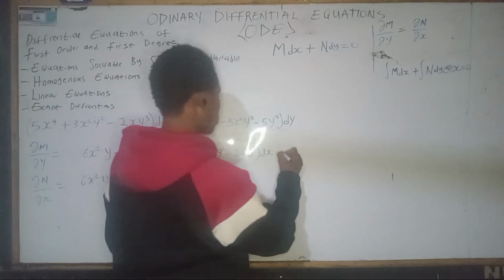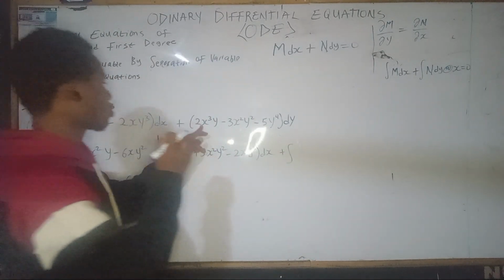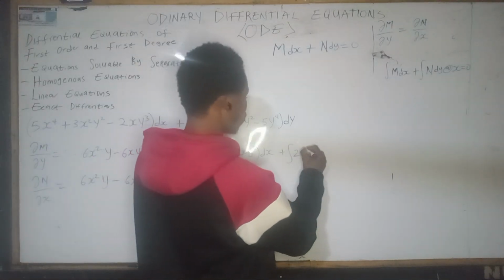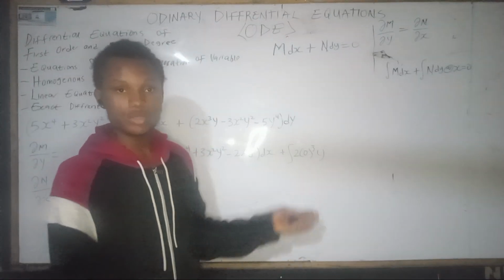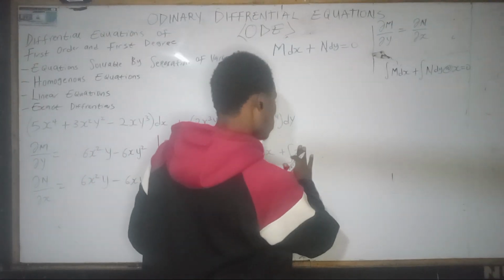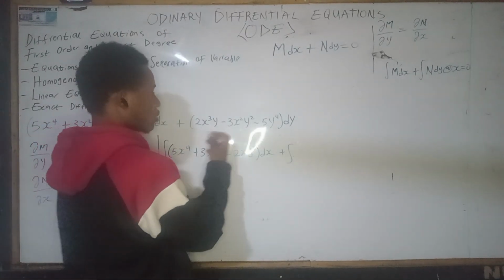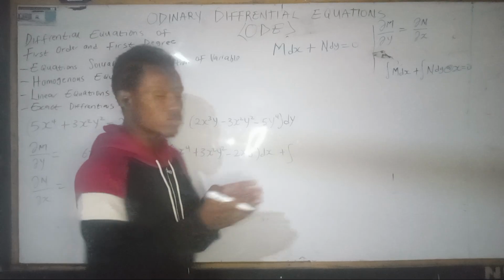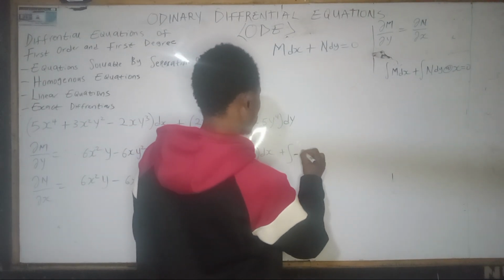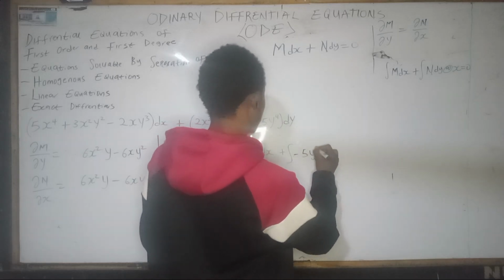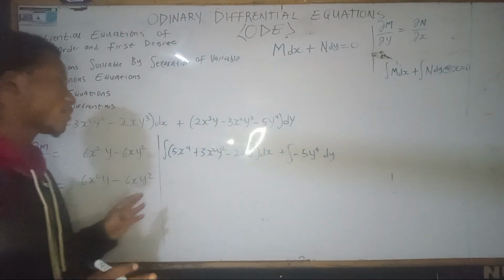In this particular case we have plus the integration of, now every value for x here must be equal to 0. So we are going to be having 2 times 0 cubed y, and we know anything multiplied by 0 is equal to 0. So that one wipes out. Wherever you see x, you cancel it out. So here we are going to be having minus 5y raised to power 4 dy, which is the only y value that is left here.